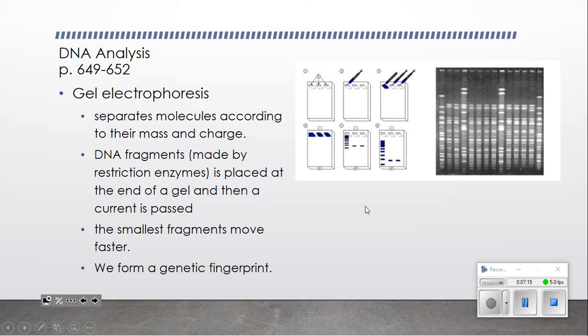So there's like this jelly gel fluid. There are some holes at one side that we call a well. And in each of those holes, we would take a sample of DNA and we would put it in the well. So you can see up here, I've got some little syringes or micropipettes, and I'm putting these blue samples in each of the wells.